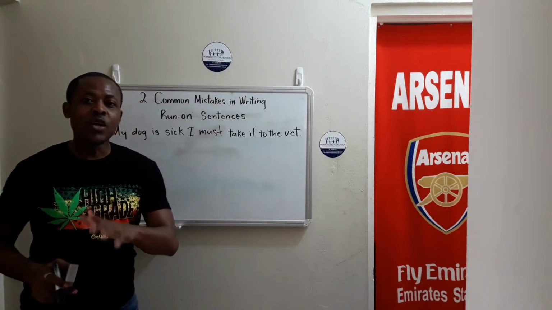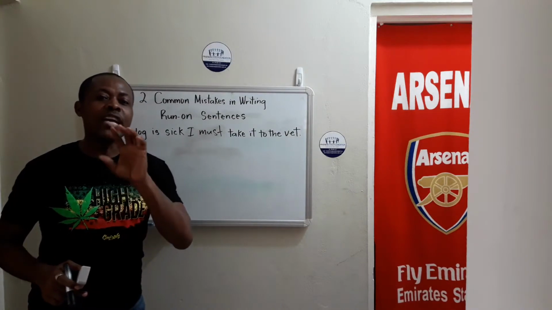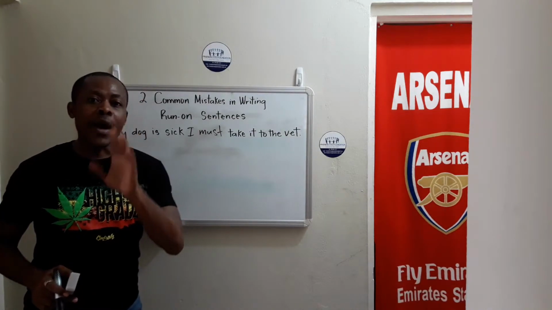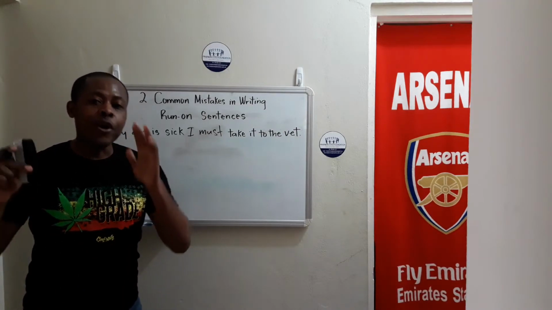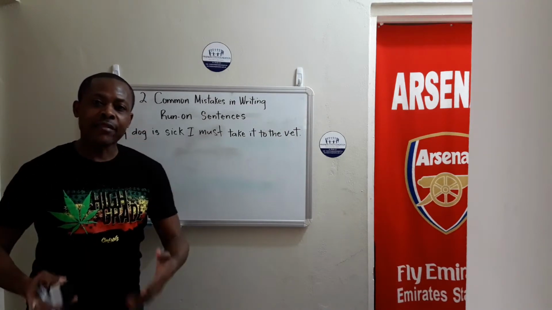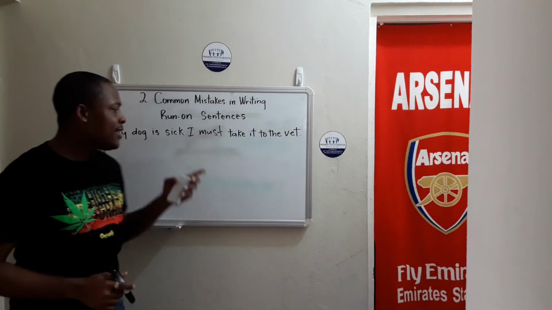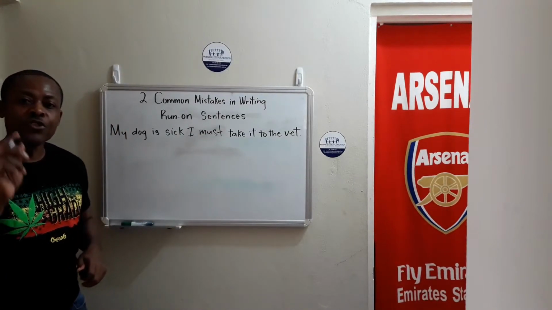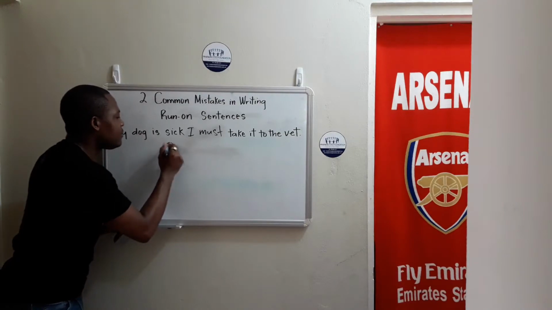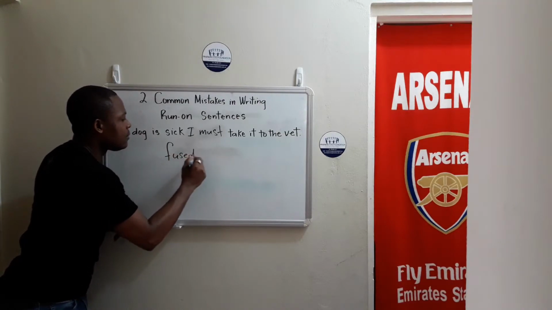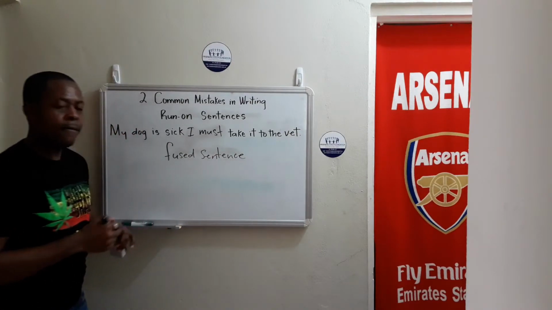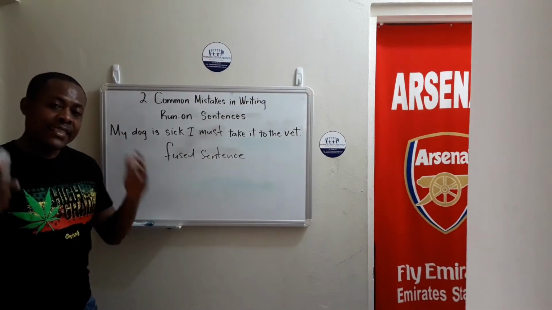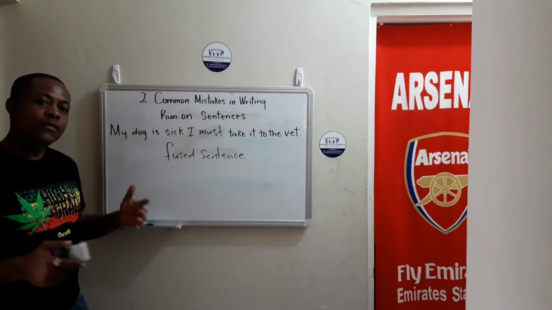What you need to do is to make sure that you introduce the required punctuation marks or the required coordinating conjunctions to correct the error. Again, this error is called a fused sentence. And as I said, we have to eliminate this fusion.